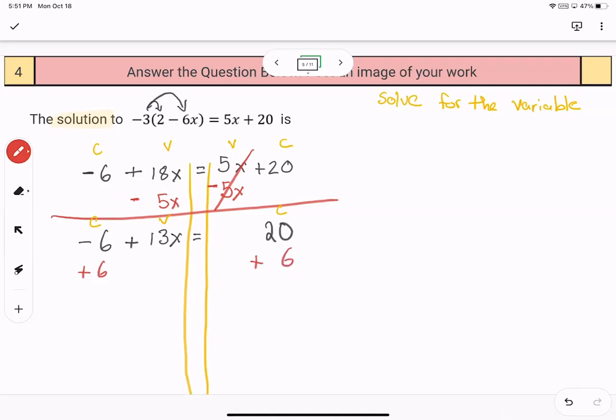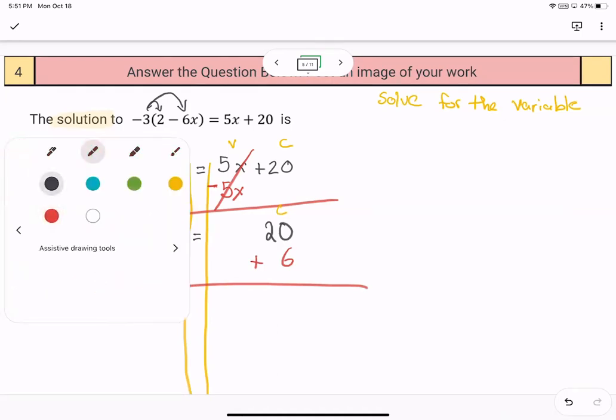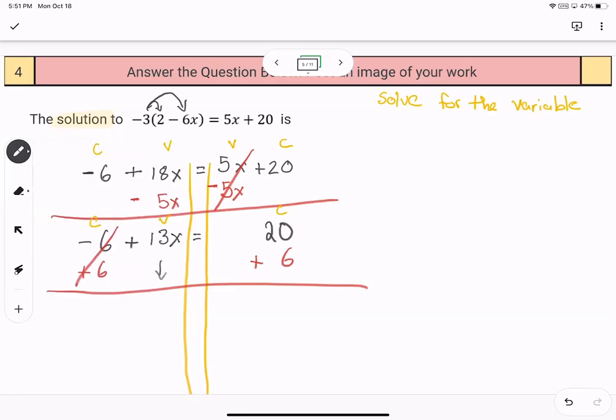I do the opposite of that -6. -6 plus 6 cancels out, that equals 0. And that leaves us with, bring down that 13x is equal to 26.